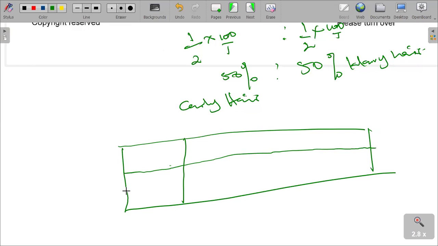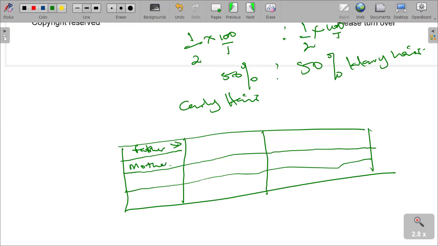We have our Punnett square there. The father is shown on this side, and the mother is supposed to be downwards.